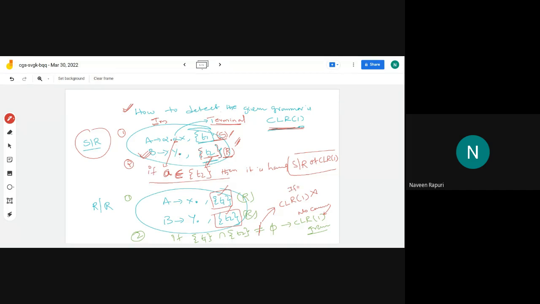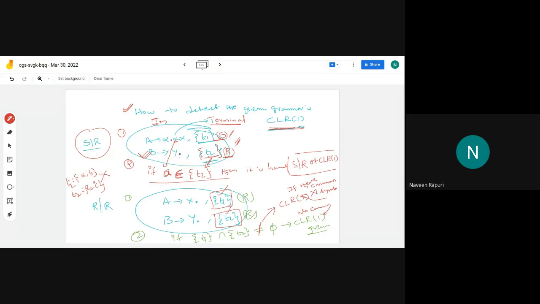If there is a common symbol, then that is not a CLR1 grammar. For example, if T1 equals A comma B and T2 equals B comma C, is it a CLR1 grammar or not?